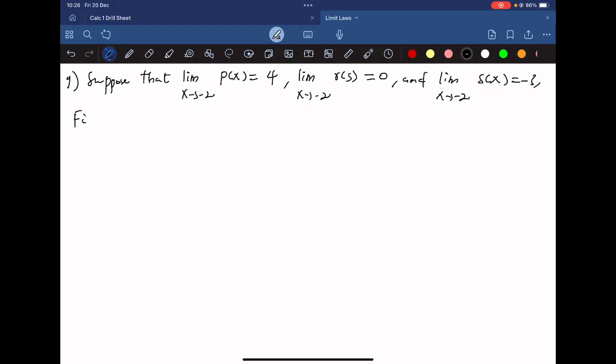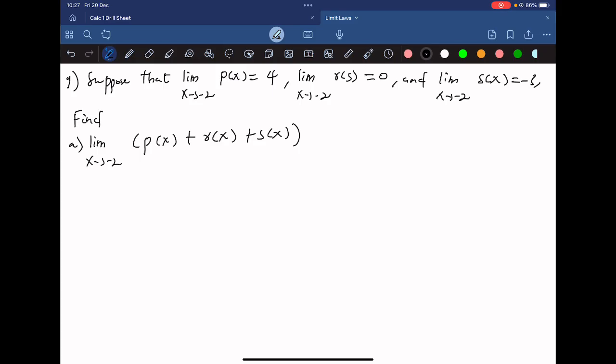We are to find (a) the limit as x approaches negative 2 of p of x plus r of x plus s of x.